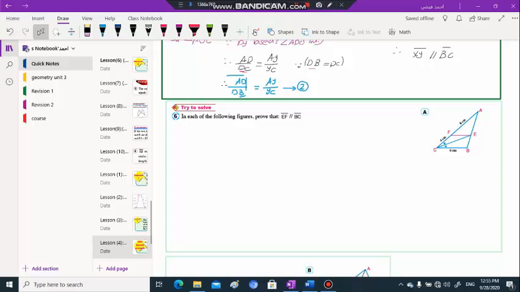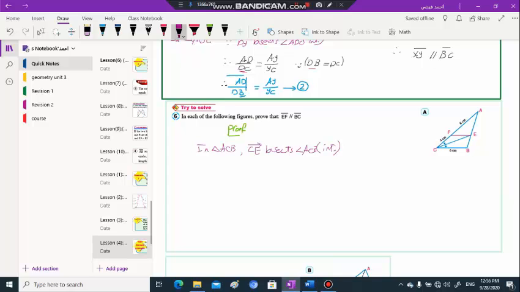Example 6. Prove that EF is parallel to BC. So if we want to prove that EF is parallel to BC, we want to prove the ratio AE over EB equals the ratio AF over FC. So in triangle ACB, we have CE, the ray that bisects angle ACB internally.